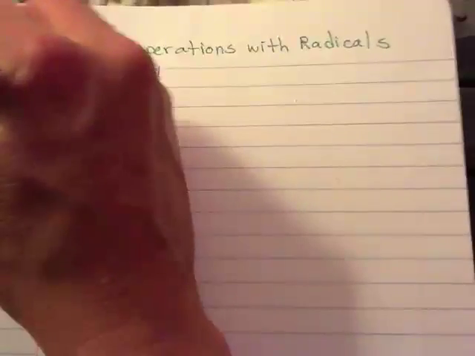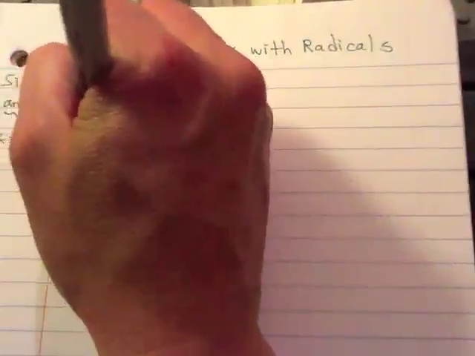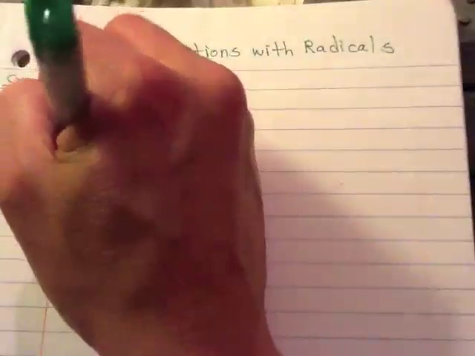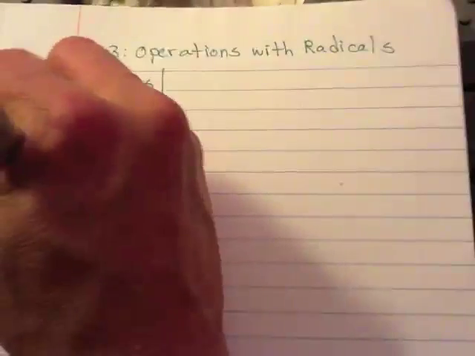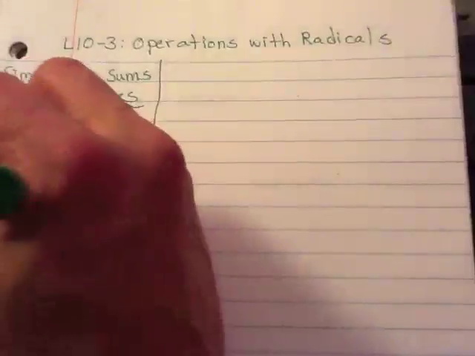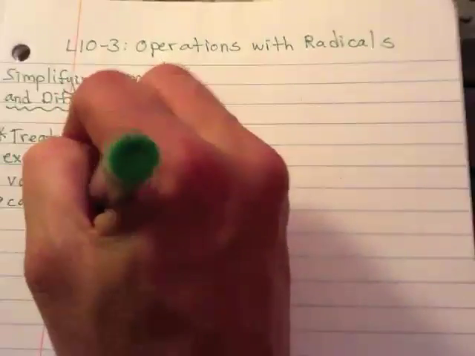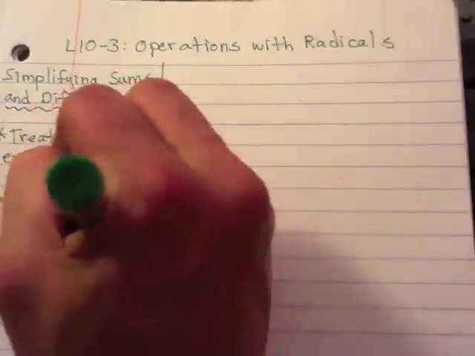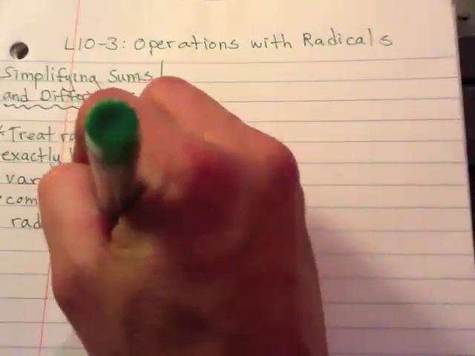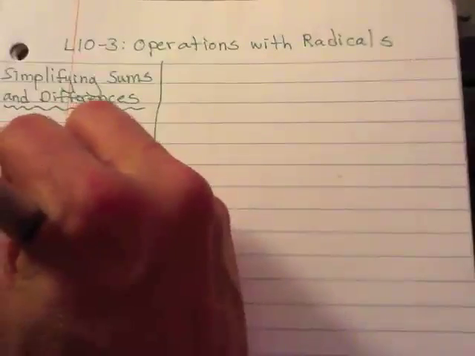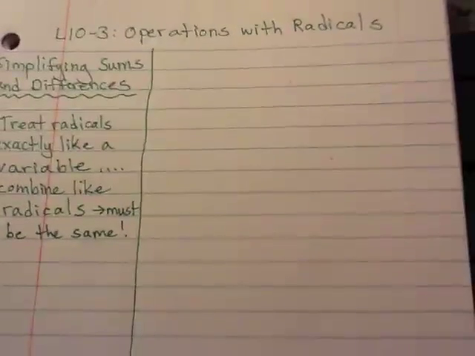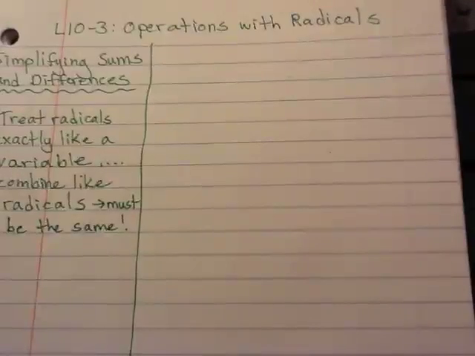So you're going to treat the radicals exactly like you would a variable, which means you can combine like radicals, so they must be the same. And then you're going to add or subtract them exactly like you did variables.